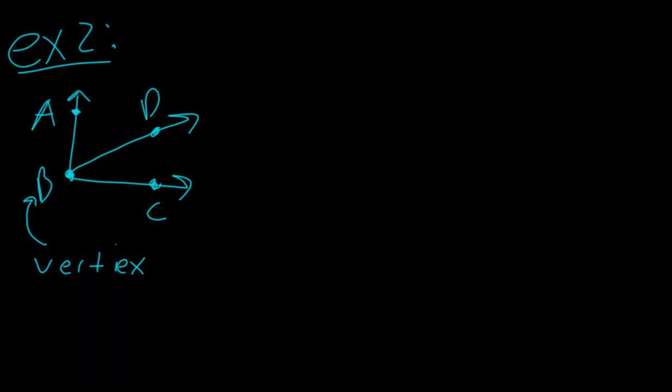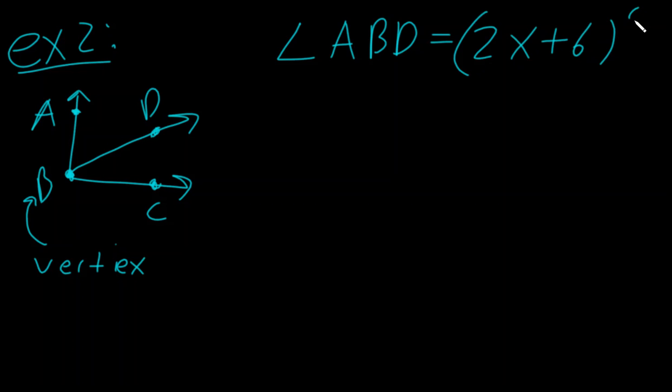And let me give you some information. Let's say that angle ABD, so this is how we write angles when we want to denote them using letters. A, B, D, we go from A to B to D, is going to equal 2x plus 6 degrees.